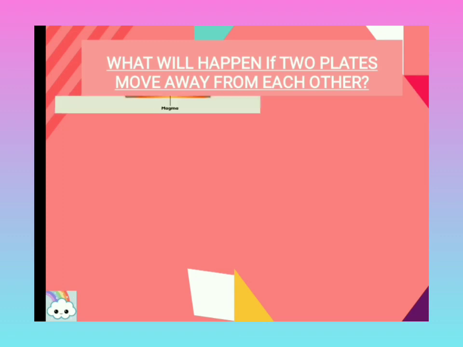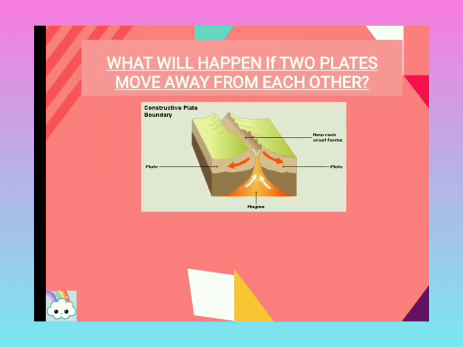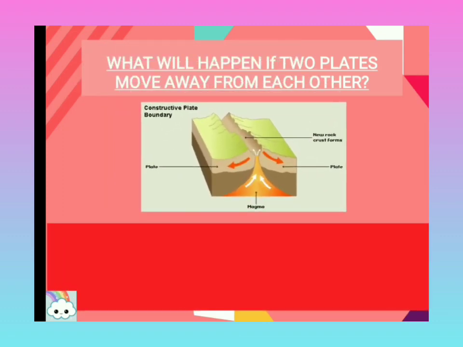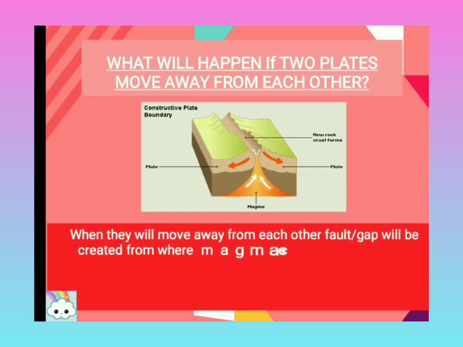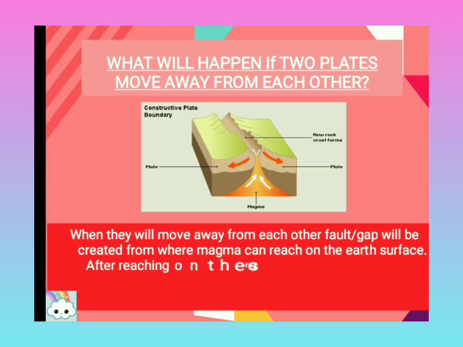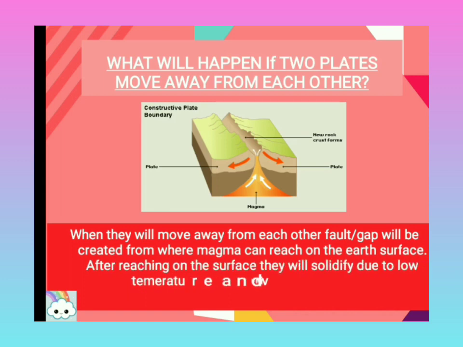When they move away from each other, a fault or gap can be created from where magma can reach the Earth's surface. After reaching the Earth's surface, the magma will solidify due to low temperature and will create a new landform. So what is happening here? Construction is taking place, due to which it is also known as constructive plate boundary.